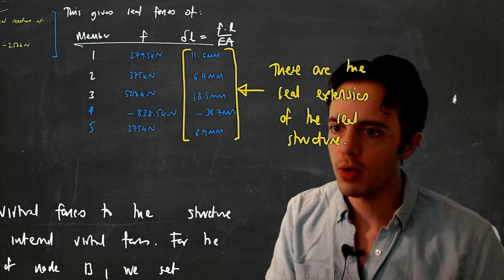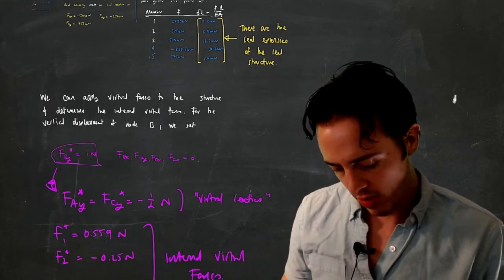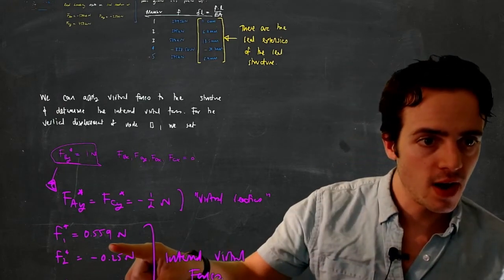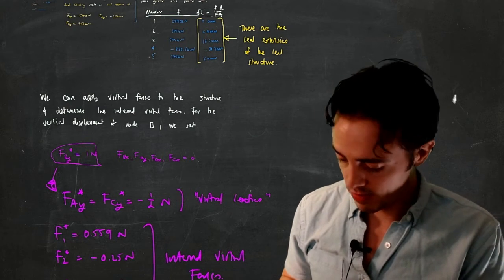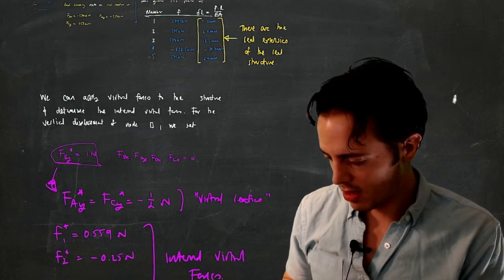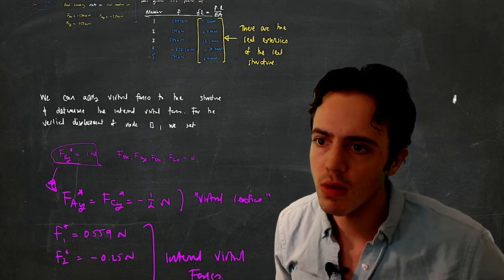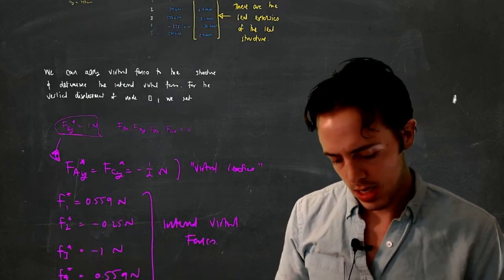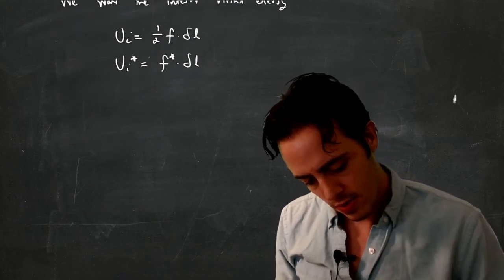So multiplying those numbers together, let's just check I've got the right ones. Well, this first one is just 0.559 multiplied by 11.6 millimeters. So 0.559 times 11.6 divided by 1,000 is 0.006. Am I getting the right numbers? Yes, I am. Okay, so we can work each of these out.